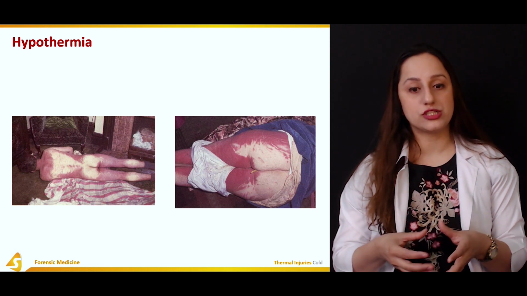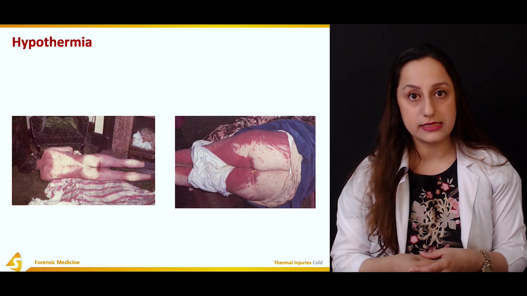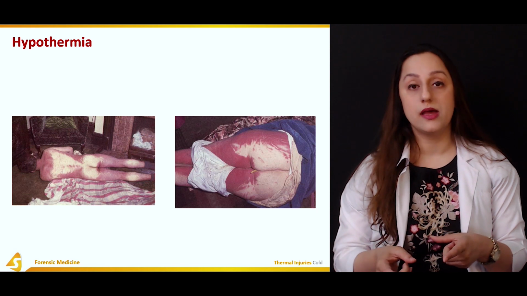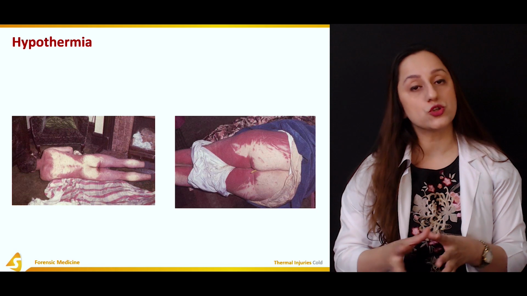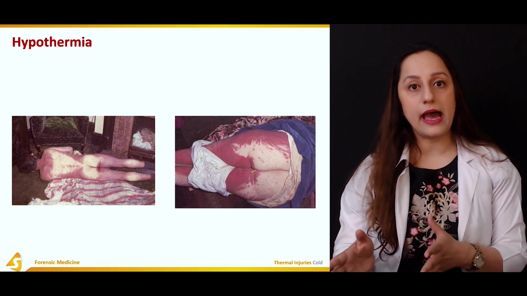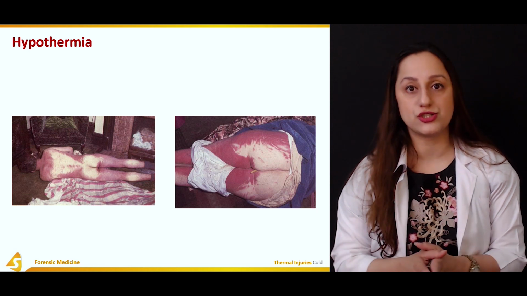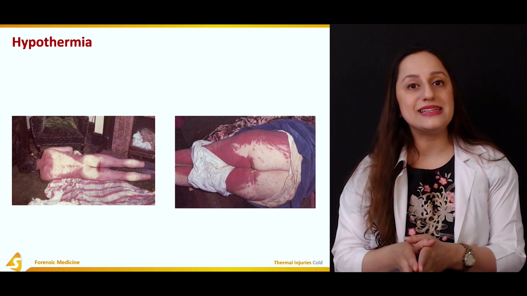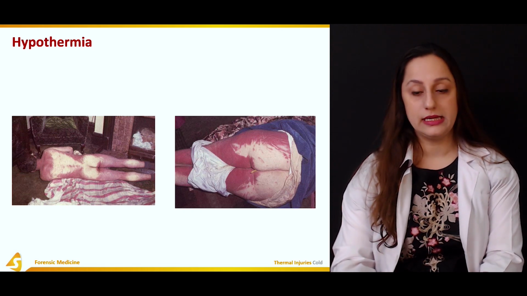So this is very important: when we find a body that has post-mortem lividity patterns and we find it in a river, that means the body was thrown in after the person was dead, because the post-mortem lividity had already developed, and the body was thrown into cold water just to mislead the police or the crime investigation authorities. So these are the things that we have to focus on when we come across these cases.